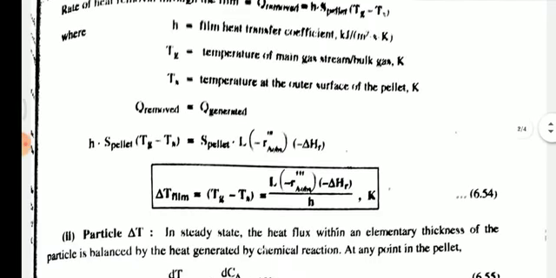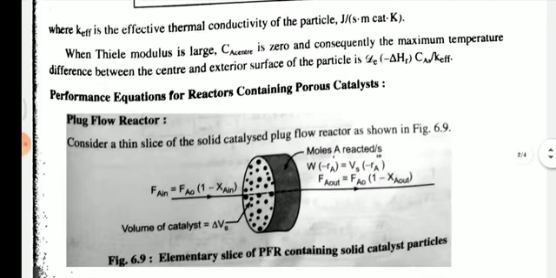So today we are discussing the performance equations of PFR. It consists of a reactor in which A enters and moles of A react on the surface of the catalyst. So we get the accumulation terms.